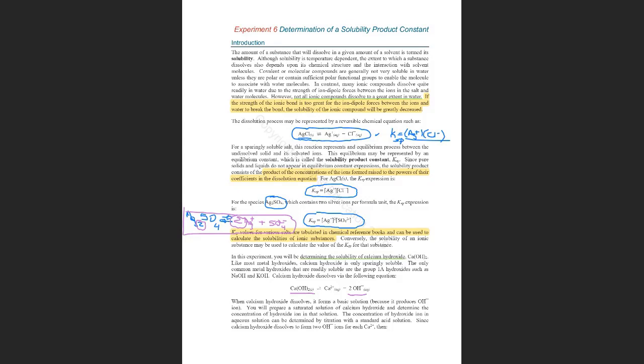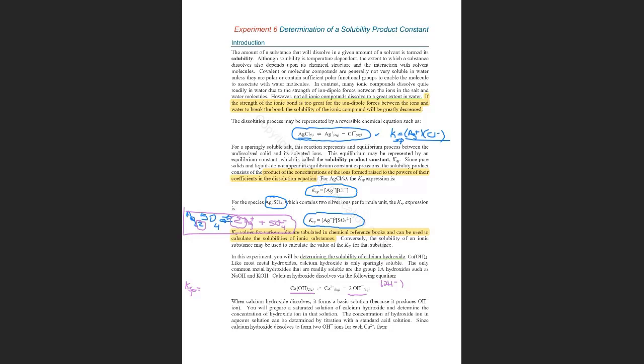Once we have the concentration from the titration, from the end point, we calculate the concentration of hydroxide, and you know the expression of the Ksp. What is the expression of the Ksp for calcium hydroxide? We have to look at the coefficients, right?